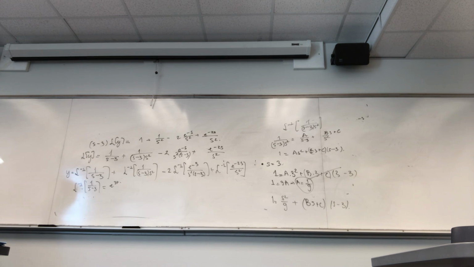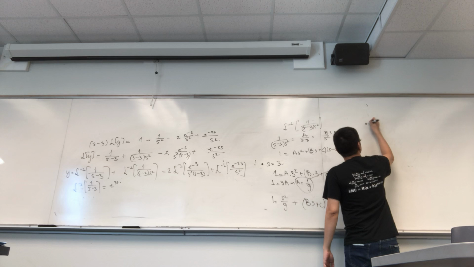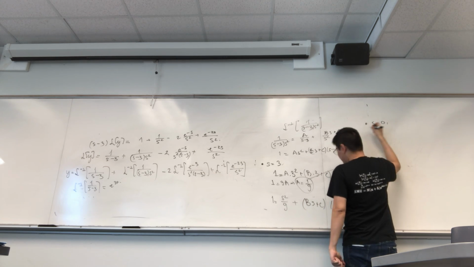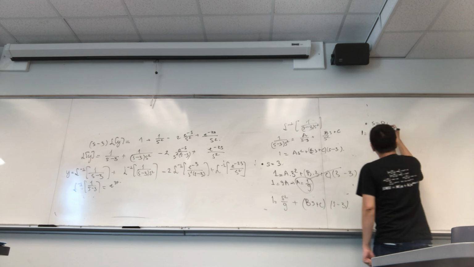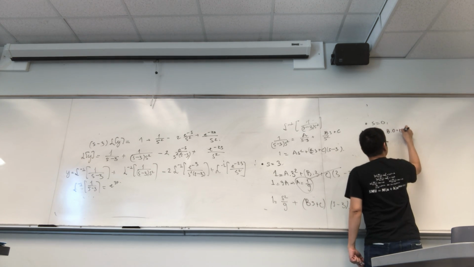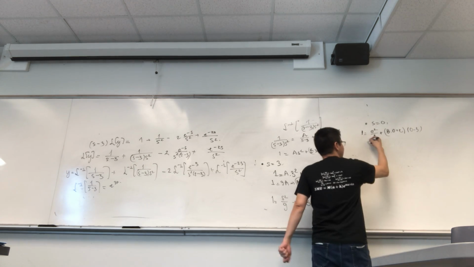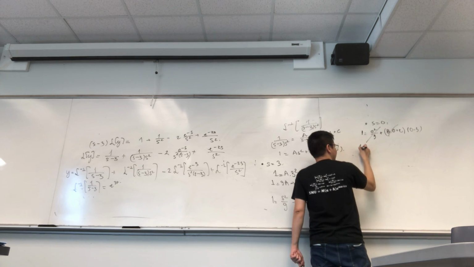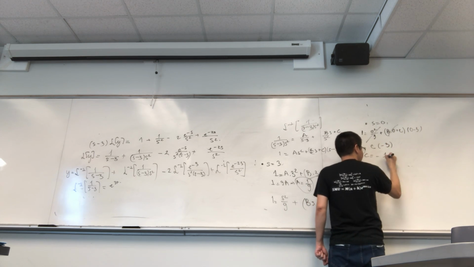Let s equal 0. So now I'm going to set s to be 0. When s is 0, I have 0 squared over 9 plus b times 0 plus c, times 0 minus 3. So this goes away, this goes away, so I have 1 is c times minus 3, c is then minus 1 third.